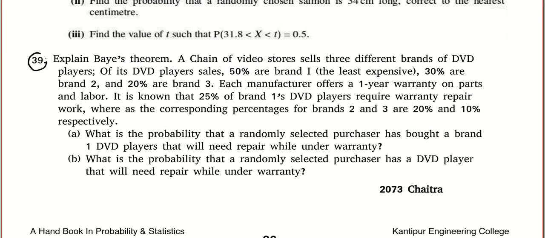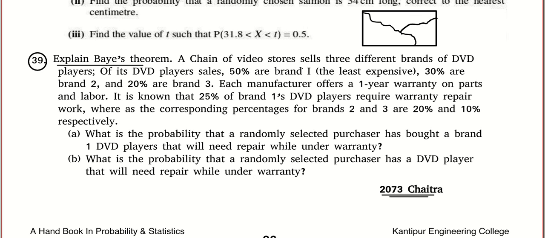Okay, I have another question here. It's from 2073, and I want you to do this question by yourself. So look at this. Explain Bayes theorem. I think now you got the question type. By reading the question you'll understand that we can split this into three parts, brand 1, brand 2, brand 3.